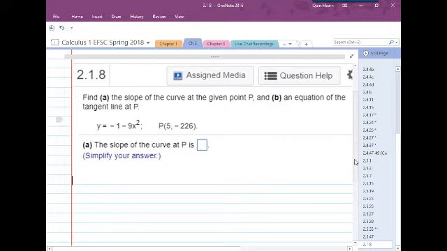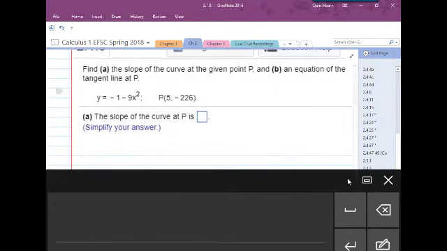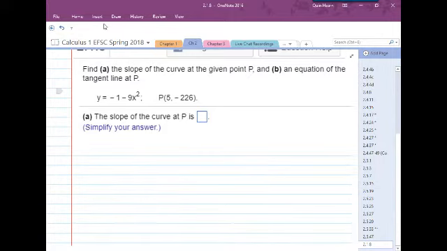And in this section, to find the slope of the curve, you're using a specific formula called the limit of the difference quotient. So let me go ahead and write that down.